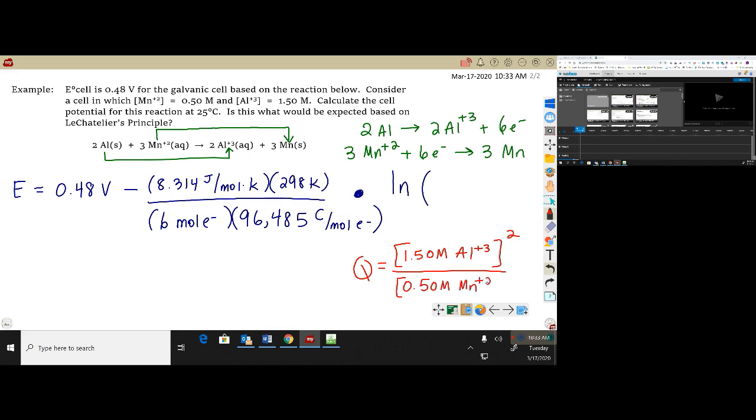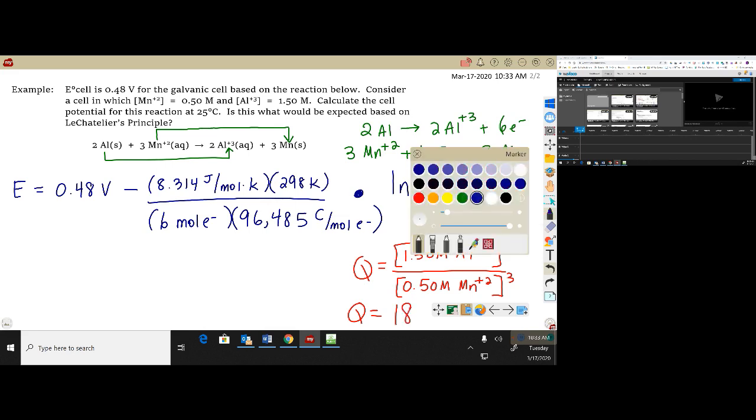Manganese +2. And then the 3 becomes my exponent. Okay, so we plug all this in. 1.5 squared over 0.5 cubed. And Q is a big fat, interesting, 18.